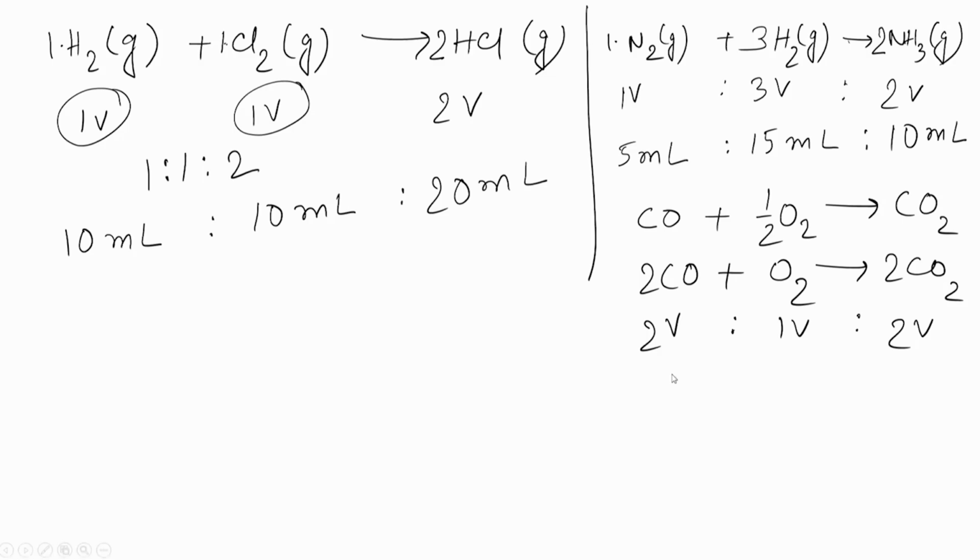So, 20 ml of carbon monoxide reacts with 10 ml of oxygen to give 20 ml of carbon dioxide. So, these were the examples of Gay-Lussac's law of gaseous volumes. Now, let's do some practice problems, then we will move on to the next law.